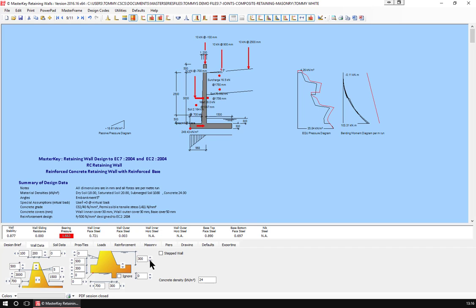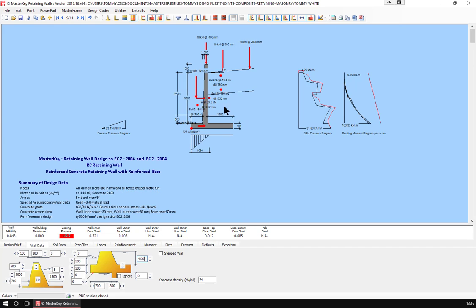And now as I reduce my water table down to the ground, we're improving our bearing pressure. And if I pull that on down, what I would normally do if I want to get rid of it is go -500, and that pushes it below the base, and therefore the water table is not considered at all. So our whole soil is drained.